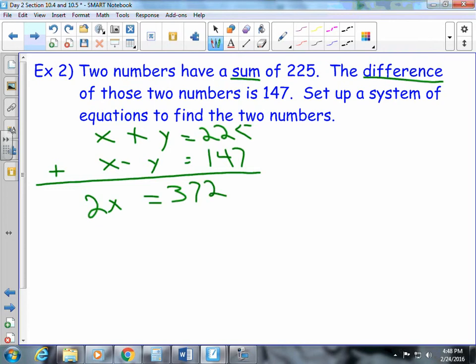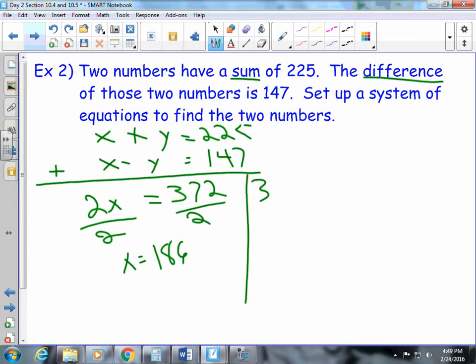We get 372, and now I just solve for x. Divide by 2, divide by 2. We get x is equal to 186.